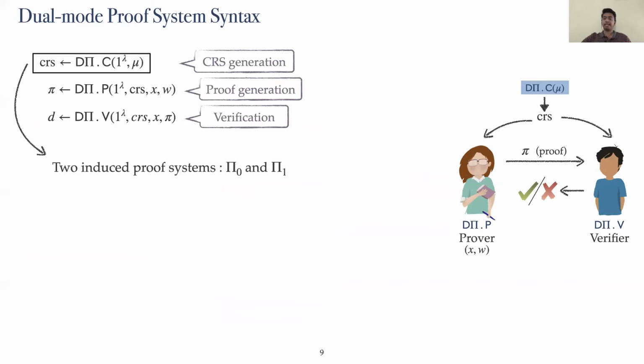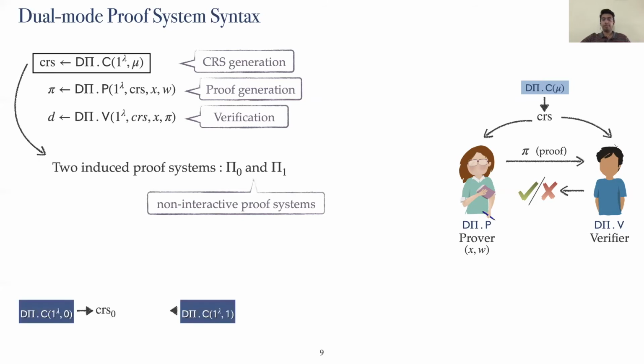In this case, it takes an additional bit as input, mu, which is used to denote the mode of the induced proof system. The dual mode CRS generation algorithm thus induces two non-interactive proof systems depending on the choice of the bit mu. We emphasize that these induced proof systems are just regular non-interactive proof systems and can satisfy properties just as normal.